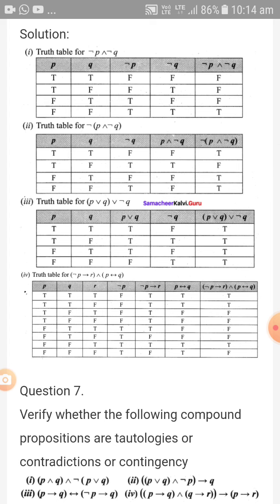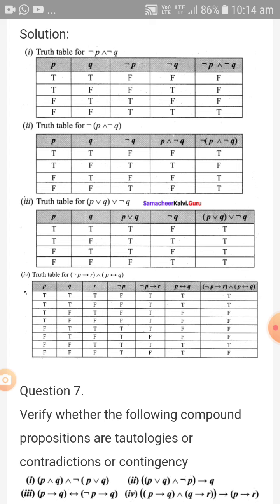The third one is P or Q, or not Q. First we have to write the P and Q values. For OR, if any one is true we can write T; only false and false gives false. Not Q means true changes into false and false into true.